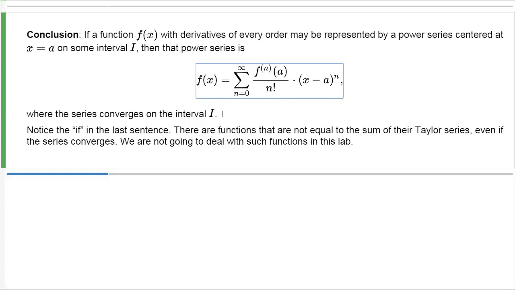And the interval I is just the interval where this series converges, which has to have at least the number a in it, but could have more. Now, there's an important if here: if the function can be represented by a power series. There are some functions with derivatives of every order, and this series exists, and it converges sometimes, but the function isn't equal to it for whatever reason. We're not going to deal with functions like that, but it is an if. If a function equals a Taylor series, this is the one it has to equal.